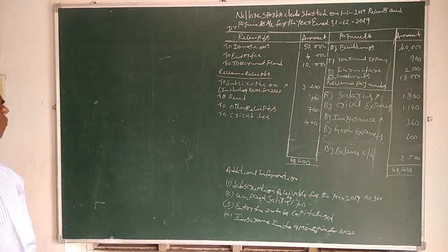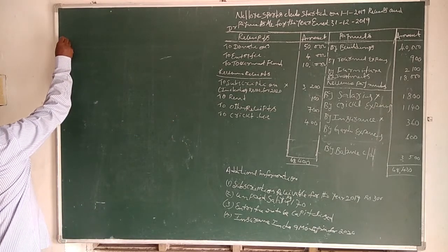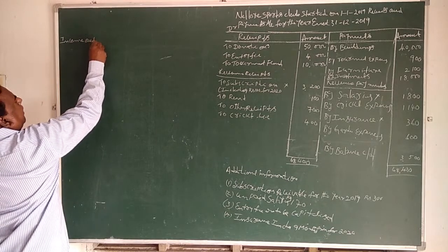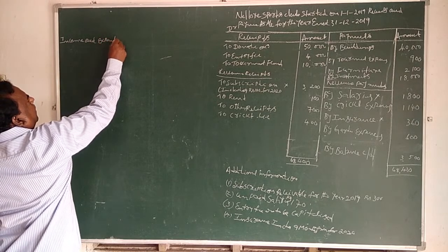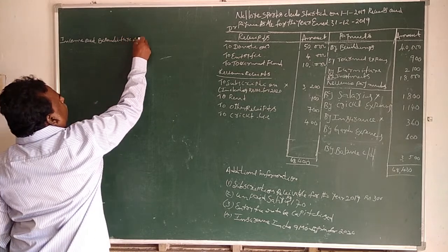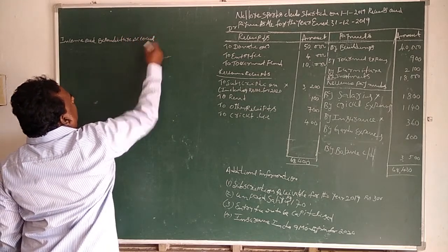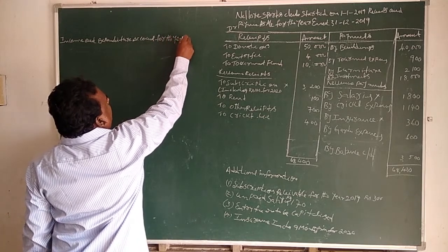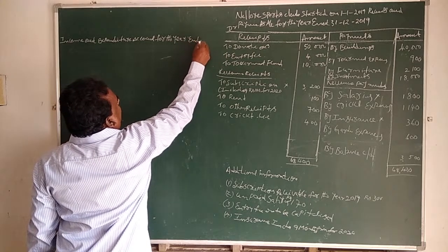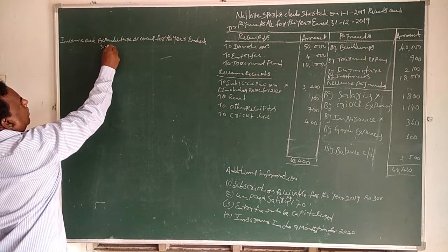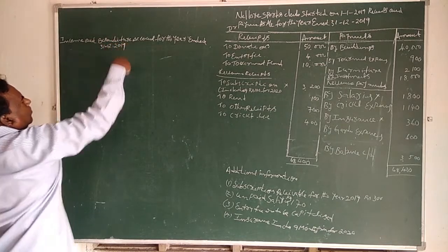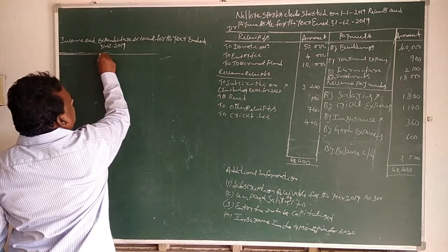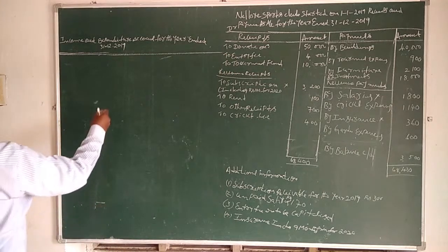Income and expenditure account of Nellore Sports Club for the year ended 31st December 2019.